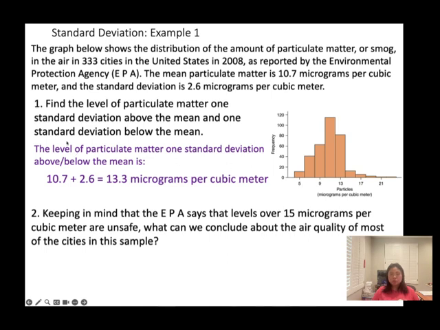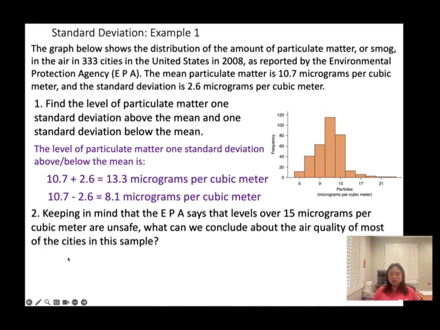Then we want to calculate one standard deviation below the mean, so we subtract. The mean minus one standard deviation is 8.1 micrograms per cubic meter, somewhere like here. You can see the majority of the data lies within one standard deviation, right? This is true.